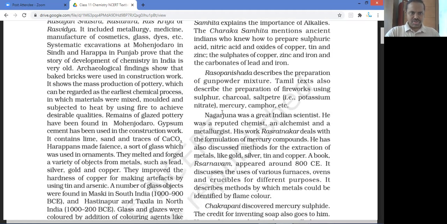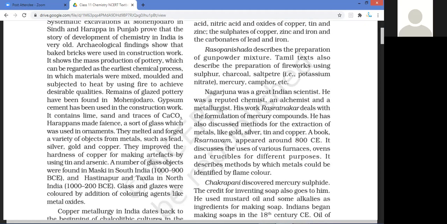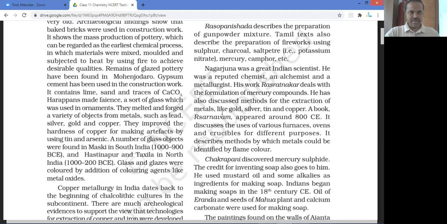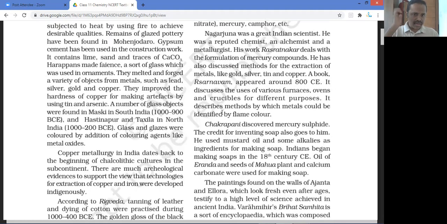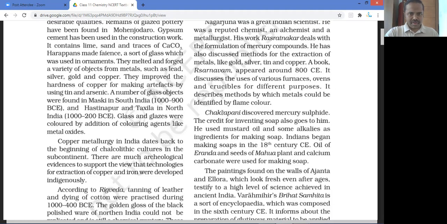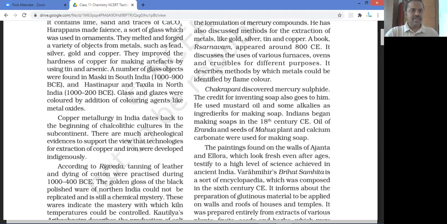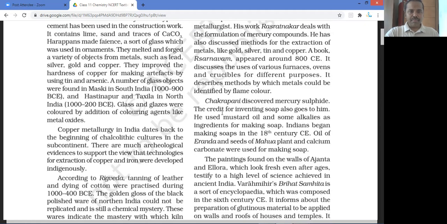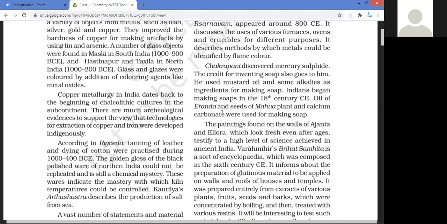That also showed us how the construction work was carried out in India a long time back, and how they melted and forged various objects. By looking at the archaeological materials, we understand how in the early years in India they were making compounds, mixtures, and creating utensils.